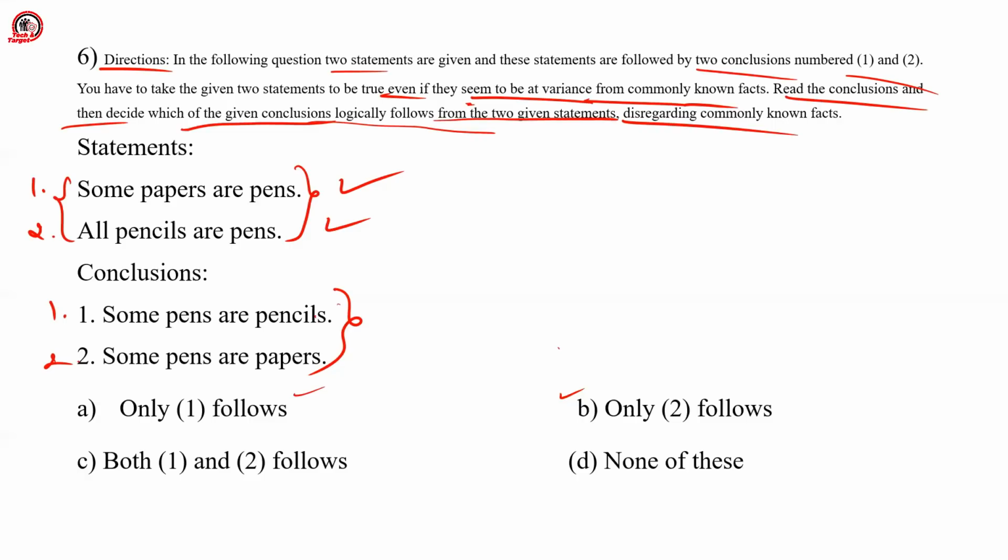You just have to believe in the statements, and you just have to answer in terms of what the statement is telling you, right? You have to believe the statements are correct. Then according to the statements, you have to tell which conclusion follows, either one, two, or both of them, or none of them, right? So this is how you need to answer it.